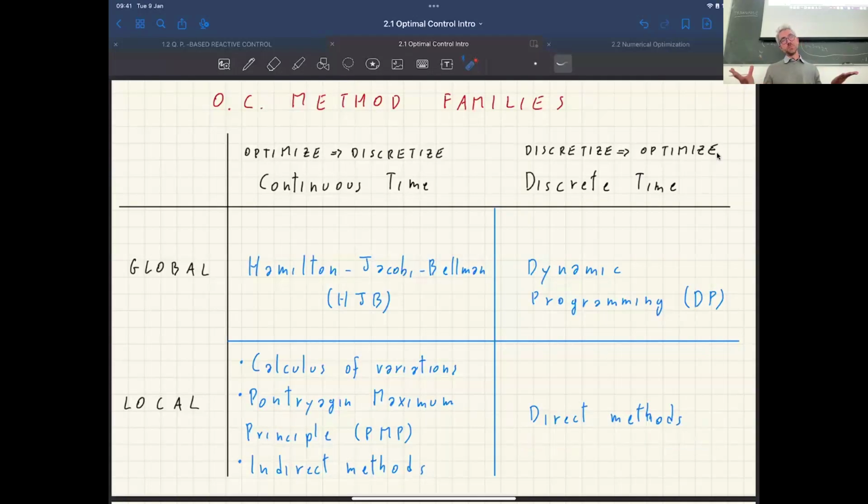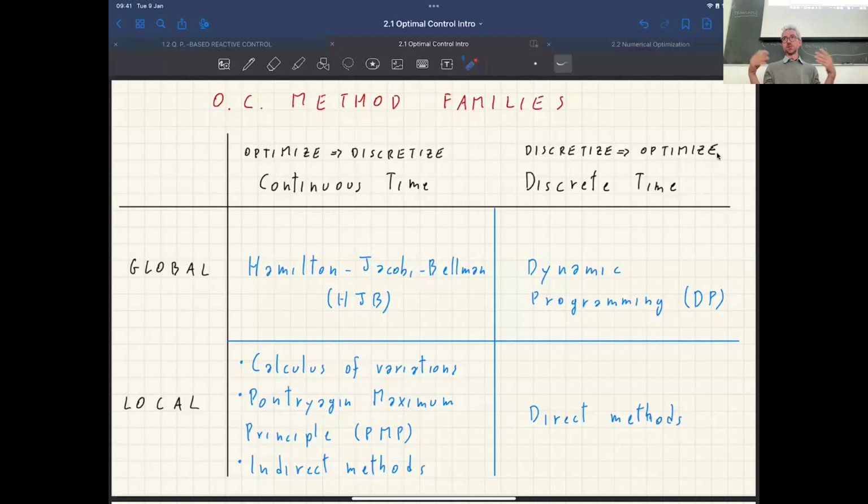They're very simple as a main idea, but there are some caveats that we need to be aware of, because there is not a single way in which you can transform an optimal control problem into an optimization problem. There are some choices that you need to make, which come with pros and cons as usual.